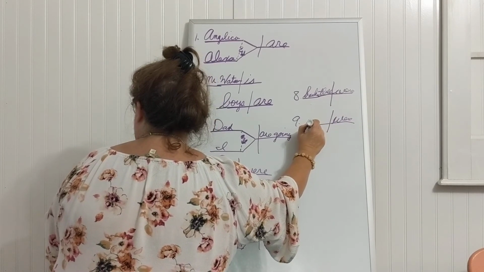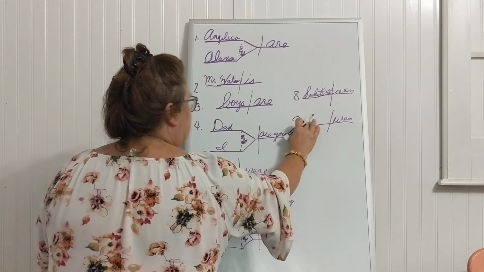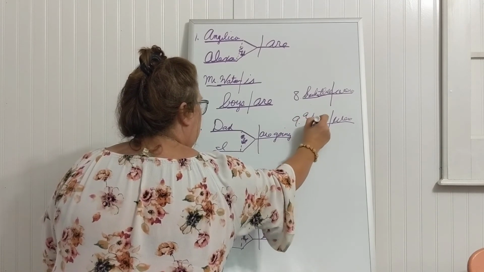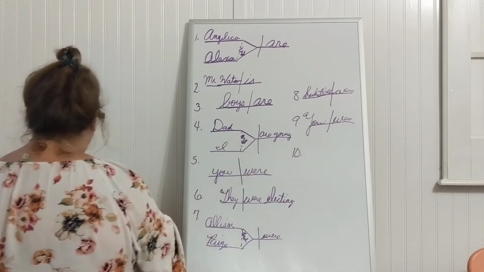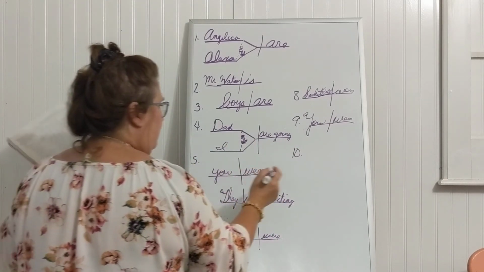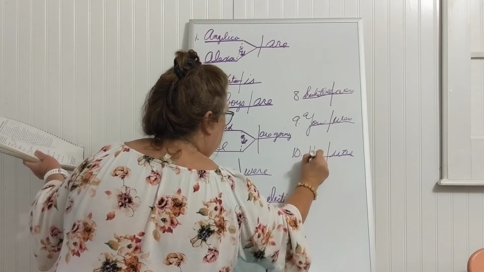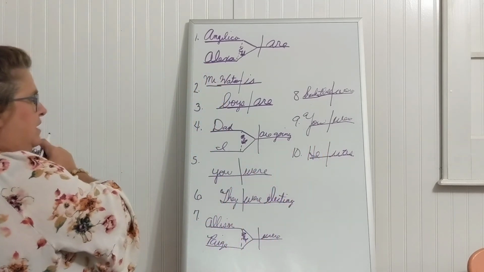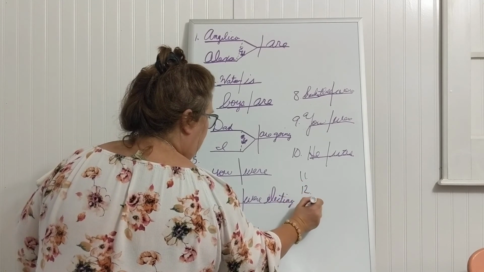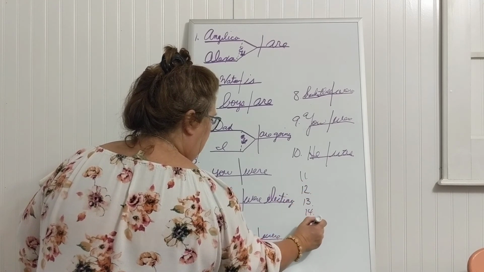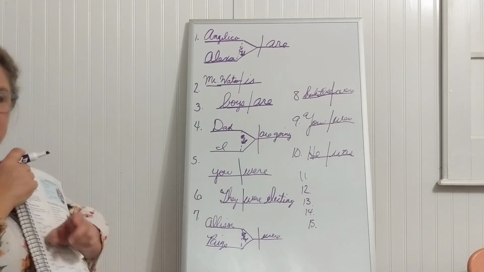You, with a capital Y. Remember, if it's capitalized in our sentence, we capitalize it in our diagram. You were. And then number 10, we have he wasn't on time. Was is our verb. Who or what was? He. So that is diagrammed 1 through 10. You will go ahead and diagram 11, 12, 13, 14, and 15. And you will complete page 80 as well.